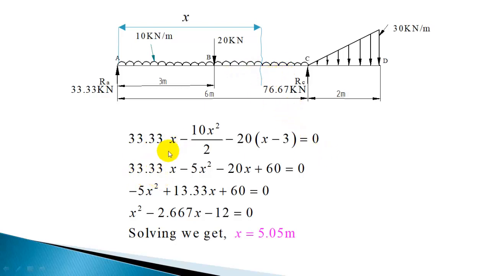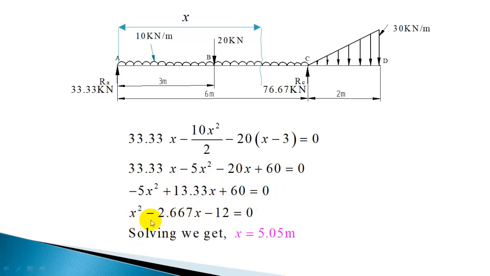So you can reduce this: 33.33x minus 5x square minus 20x plus 60 is equal to 0, or minus 5x square. Here these two terms result in this plus 13.33x plus 60 is equal to 0.